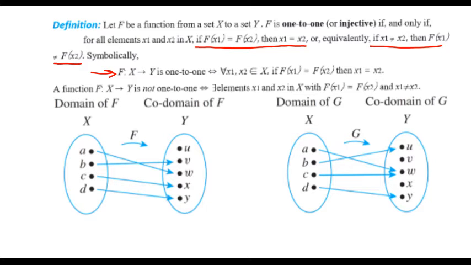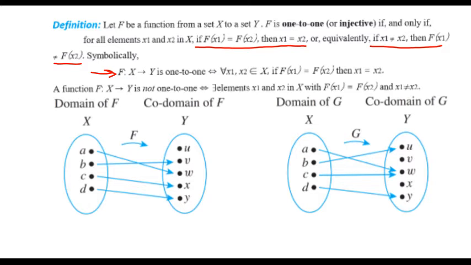Again, please note that G is a function because every element in the domain is mapped to one and only one element in the codomain, but it is not a one-to-one function because there are two different elements in the domain that are both mapped to a single element in the codomain.